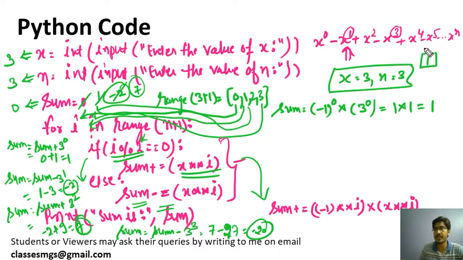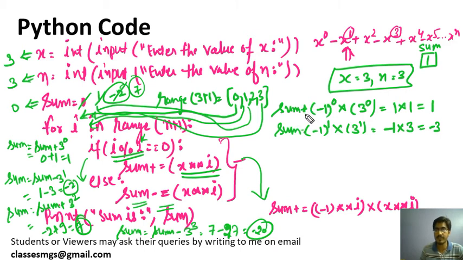Let's suppose this is the sum. Initially it is 1. Next time I will become, oh sorry, 1. In that case the same line will be represented like this: minus 1 raised to power 1 into 3 raised to power 1. Minus 1 raised to power 1 will be minus 1, into 3 raised to power 1 is 3. So minus 3.